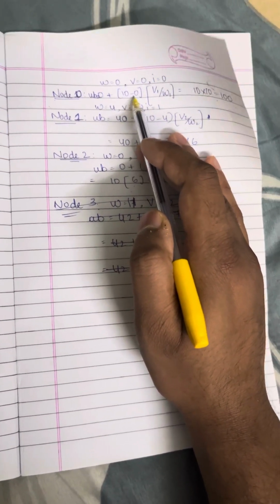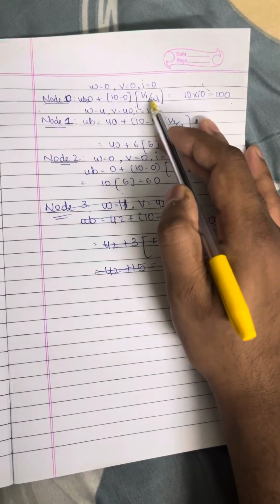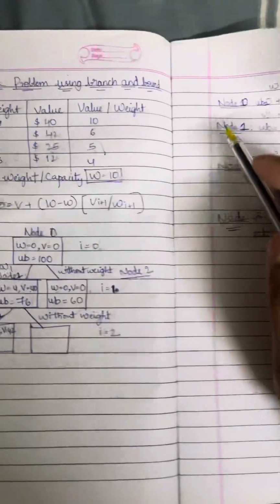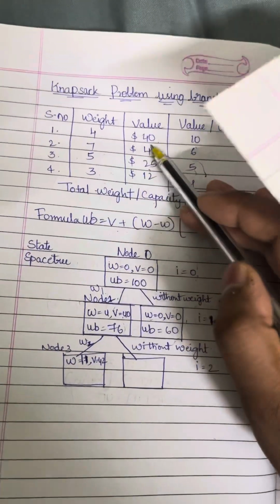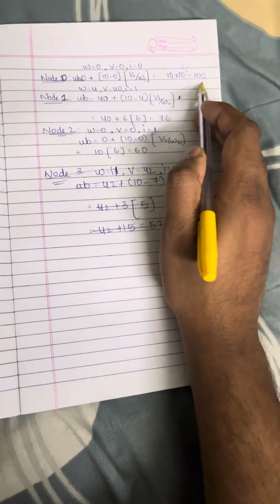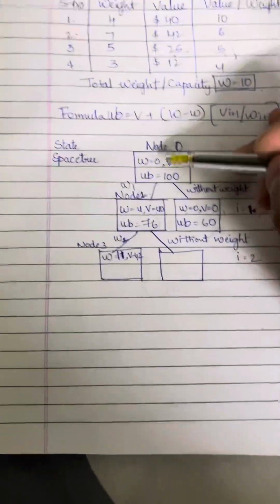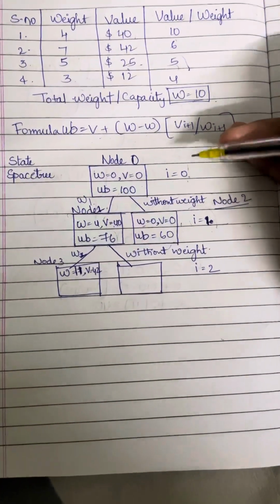Weight capacity 10 minus 0 into V1 by W1. V1 by W1 is value 1 upon weight 1, which is 10. 10 times 10 is 100. Node 0 upper bound value is 100. We have written upper bound as 100.